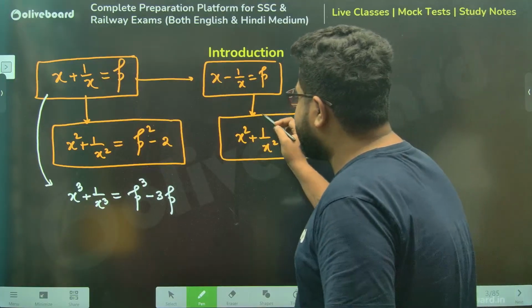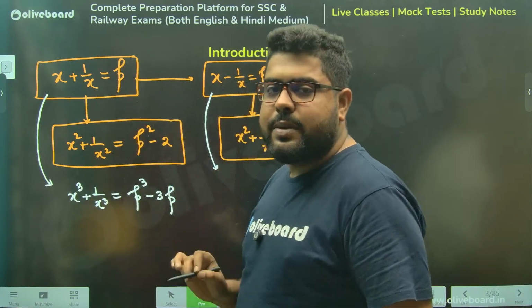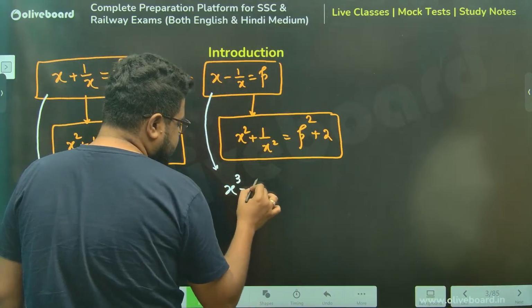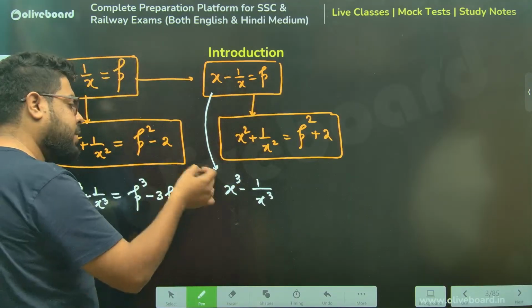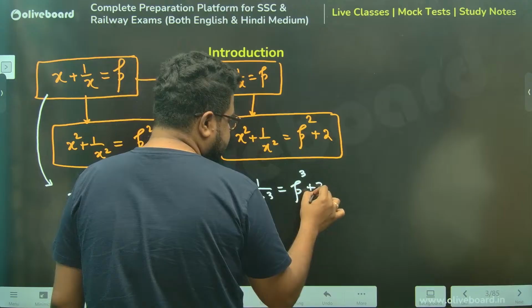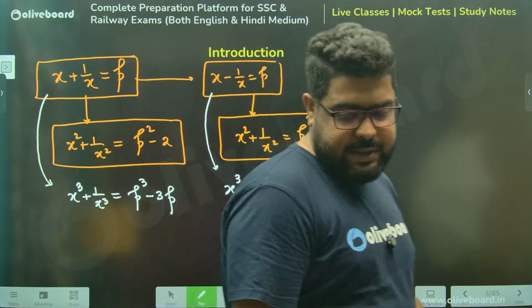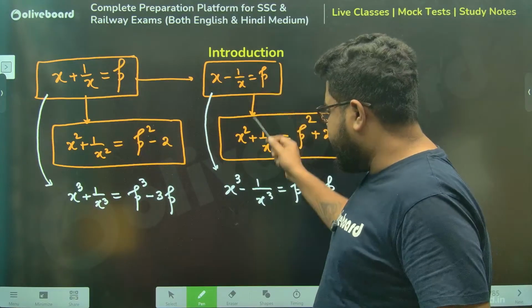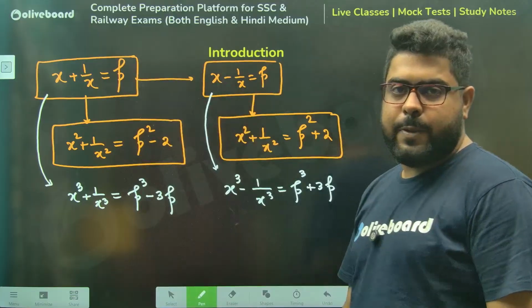But when x minus 1 by x is given, I cannot find x cube plus 1 by x cube directly. The only thing I can find directly is x cube minus 1 by x cube. So if it is minus, for cube it will also be minus. That will be p cube, not minus 3p but plus 3p. Clear, everyone? Please keep in mind, if it is minus, I can only find minus. If it is plus, I can only find plus.